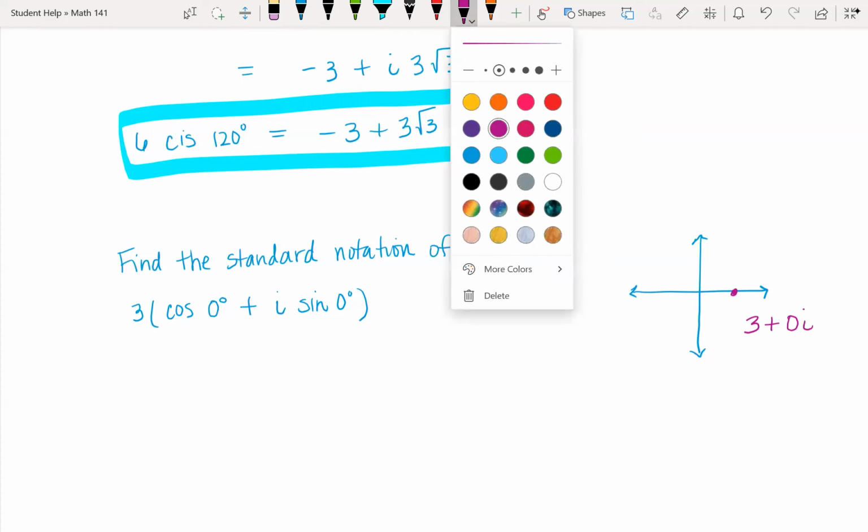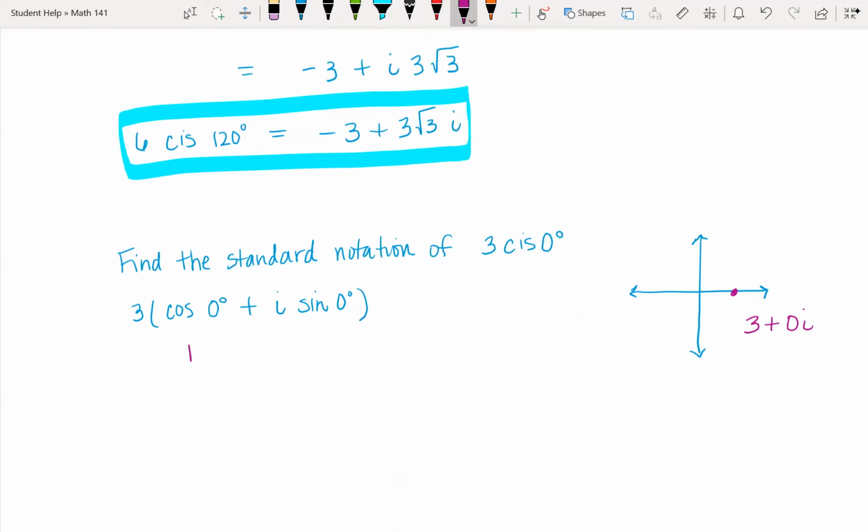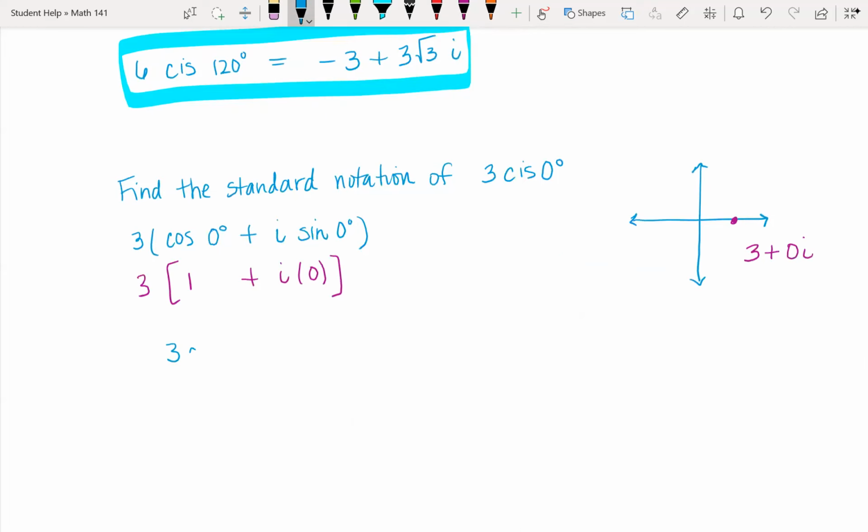The cosine of 0 degrees is 1, and the sine of 0 degrees is 0. So when I multiply that by 3, the I is just going to go away, and I just end up with the number 3. So 3 cis 0 degrees is just the same as the number 3.